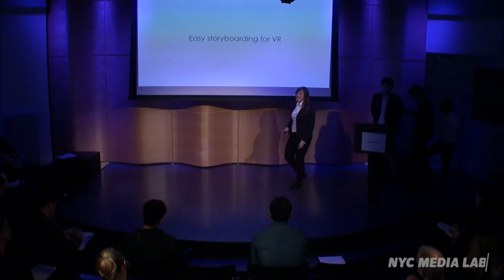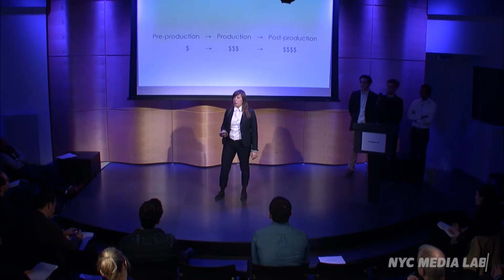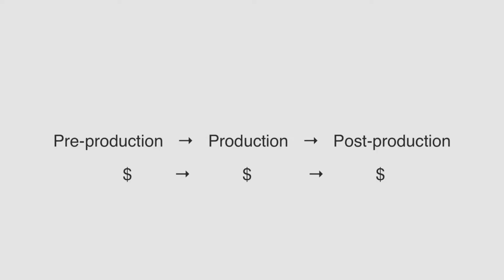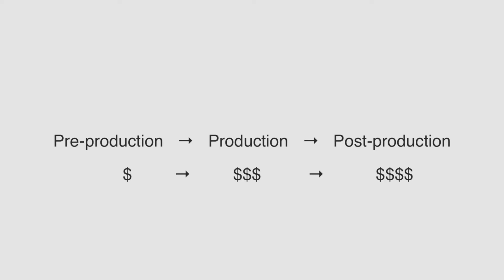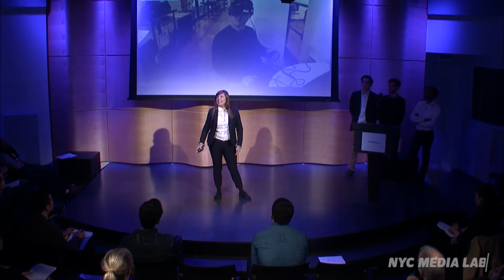Our vision for Mix is to empower creators to easily storyboard for VR. So, how big of a problem are we dealing with? Right now, the typical phases when producing VR are pre-production, production, and post-production. If the pre-production phase is not done right, the cost will increase significantly in the latter phases. For example, one of the big costs is stitching.